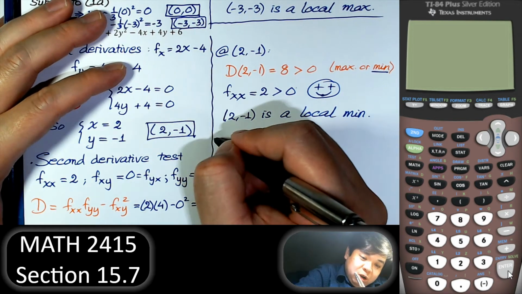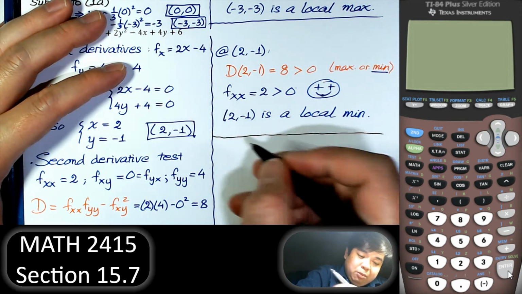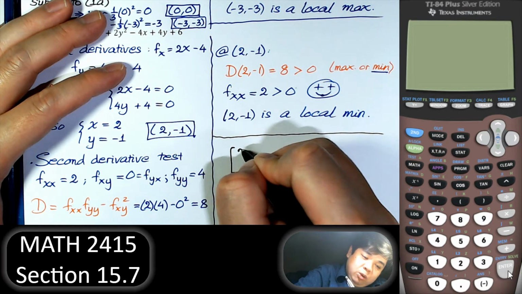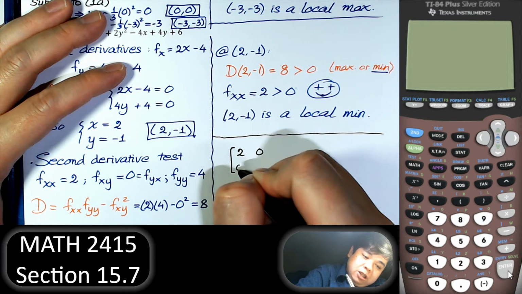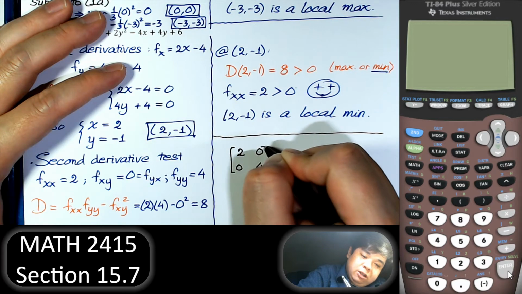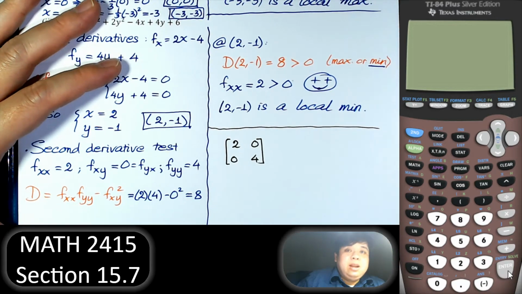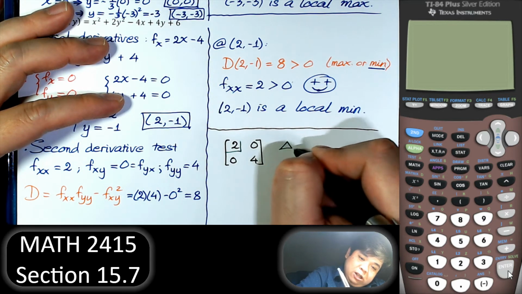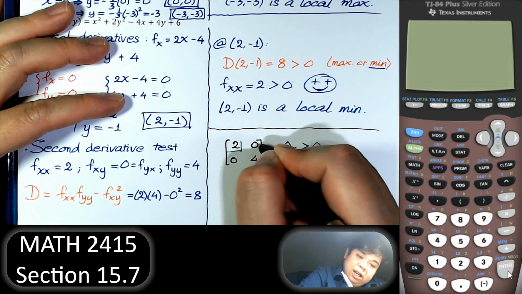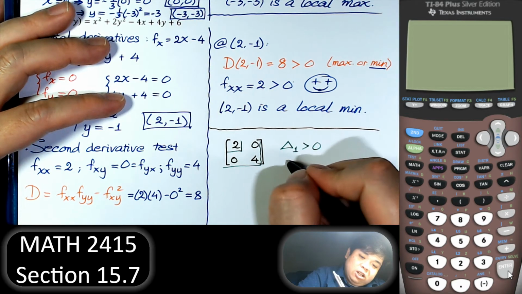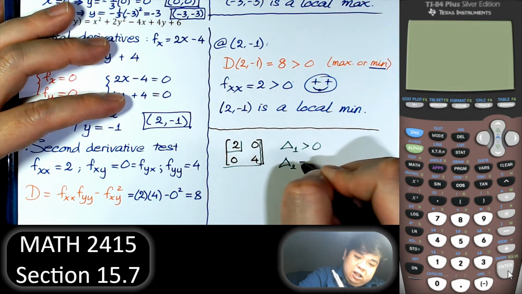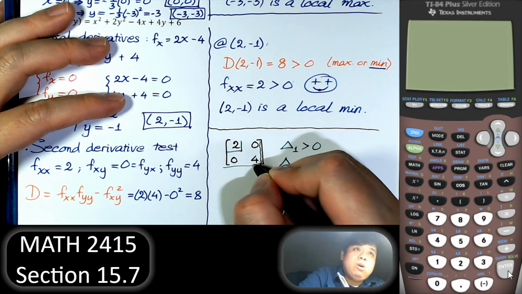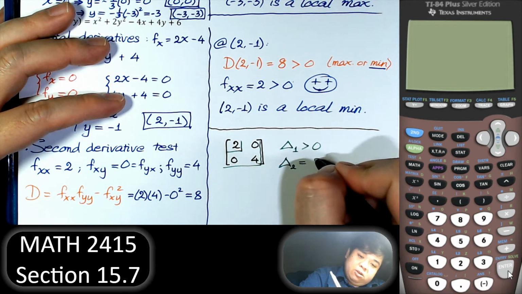Now let me just show you real quick. If we put it in matrix form, we have 2, 0, 0, and 4. A matrix like this. Now we have 1 by 1, so delta 1 is positive. Delta 2 is the whole determinant, which is 8: 2 times 4 minus 0 times 0.